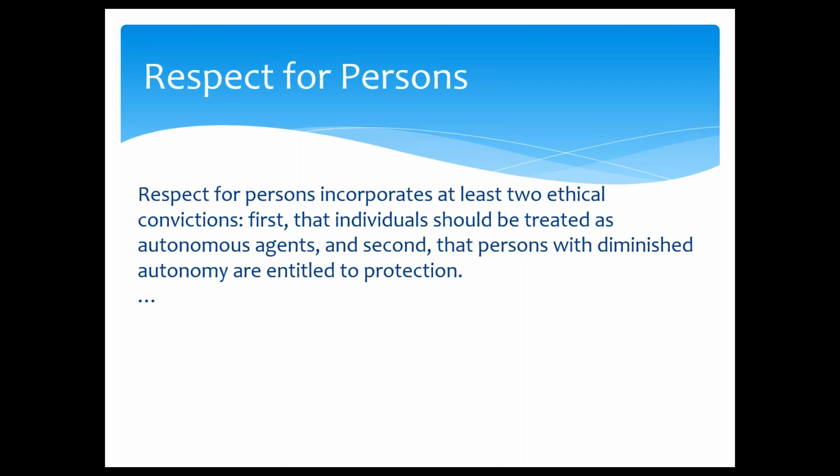All right, I'm going to switch gears here and talk a little bit about informed consent, and my favorite moral principle, respect for persons. This is from the Belmont Report. It notes that individuals should be treated as autonomous agents and that persons with diminished autonomy are entitled to protection.